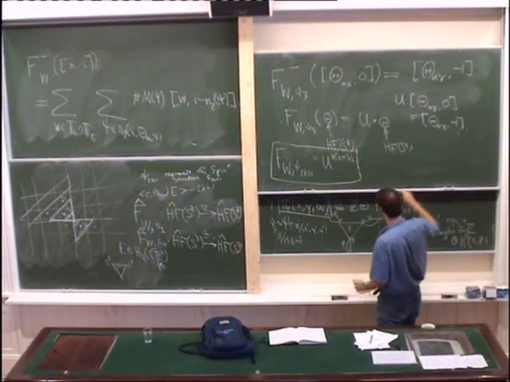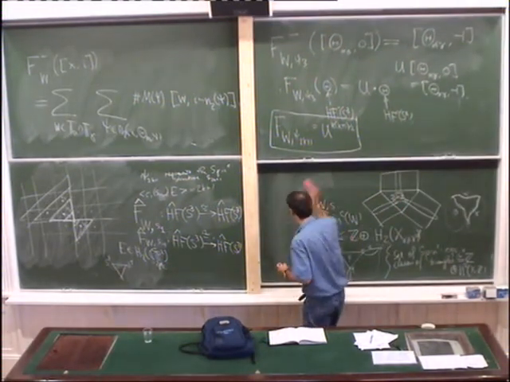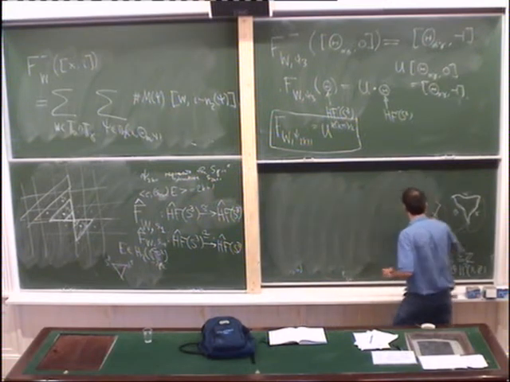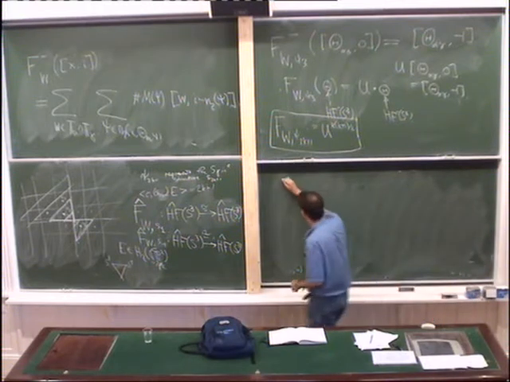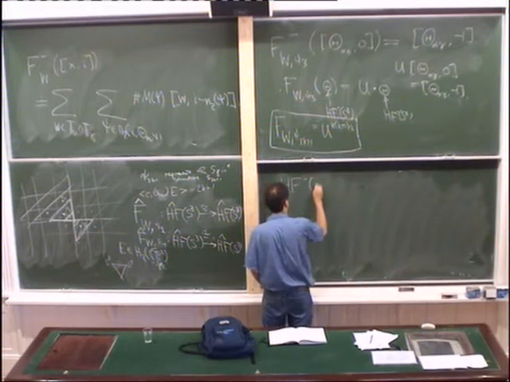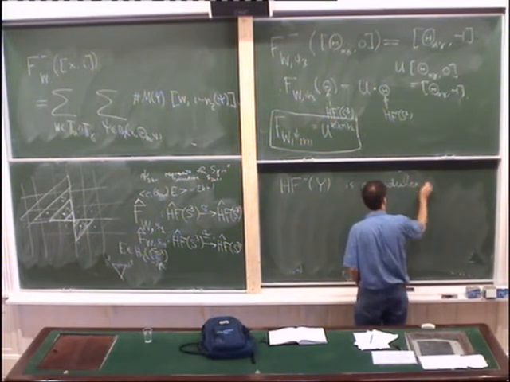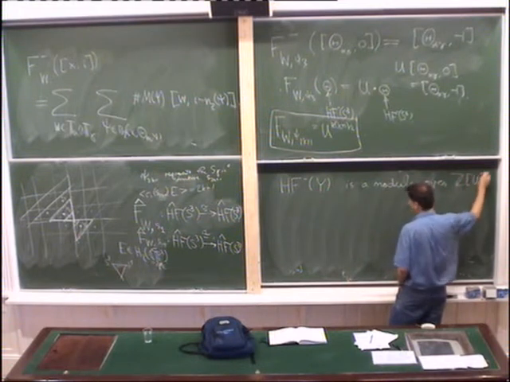Remember, HF minus of any 3-manifold is a module over the polynomial algebra Z[U].